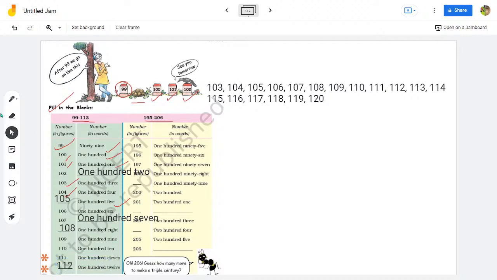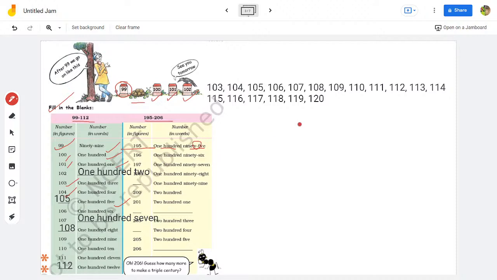Let's move on to a bit higher numbers like 195. Can you see it's written as 100 and then 95. And remember, this hyphen comes between 90 and 5, not in between any other number.